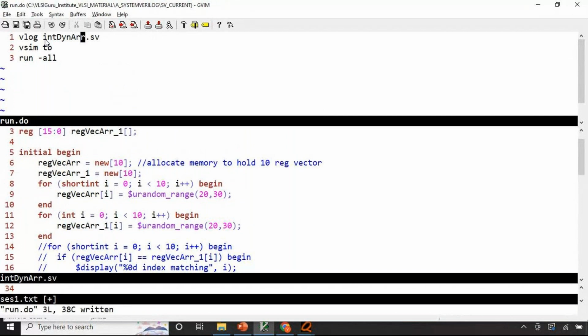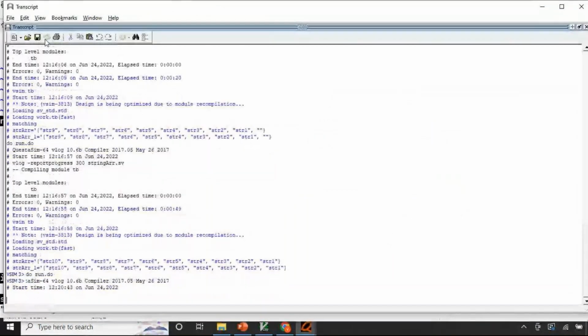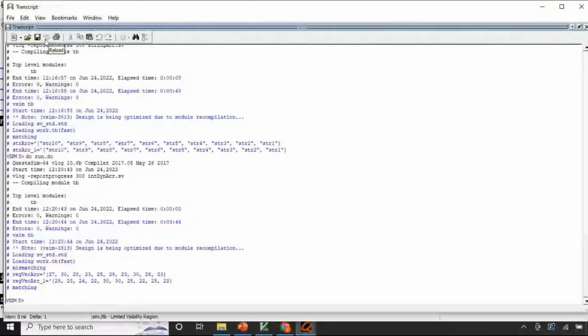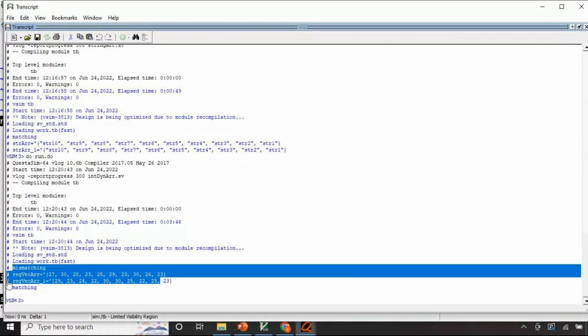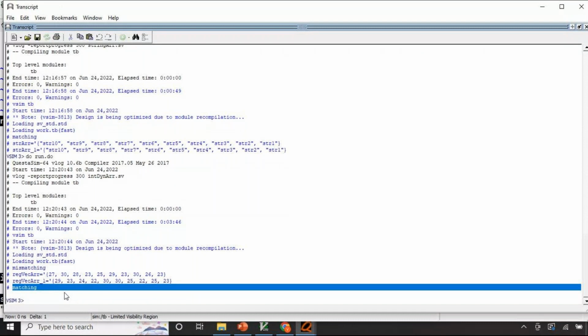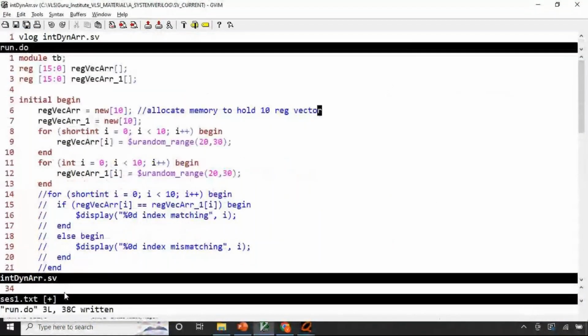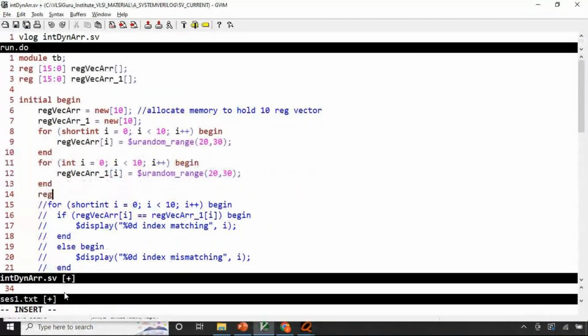See, run it. You will not see any difference. Two arrays, first they are mismatching. Next. So whatever you do with normal arrays, you can do with dynamic array. Only the initial part will differ. Now comes the benefit: you can go here and resize the dynamic array.